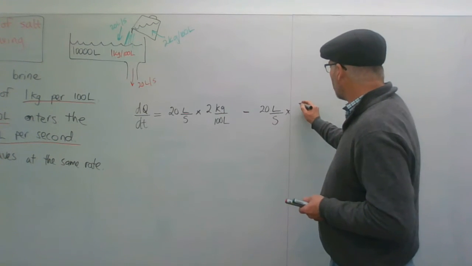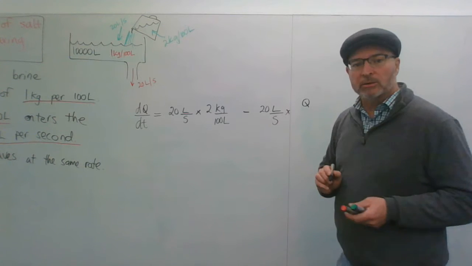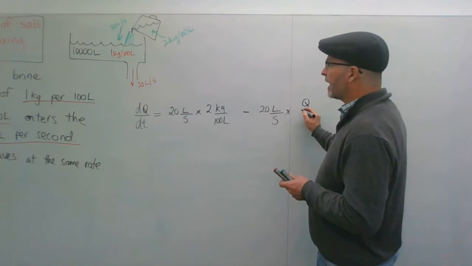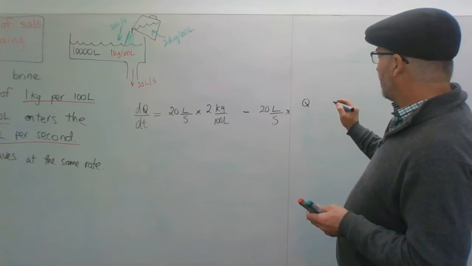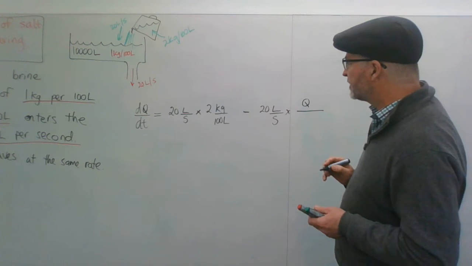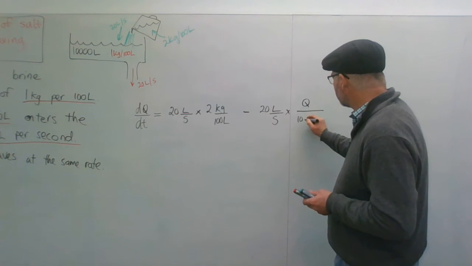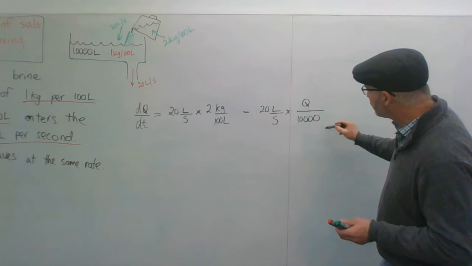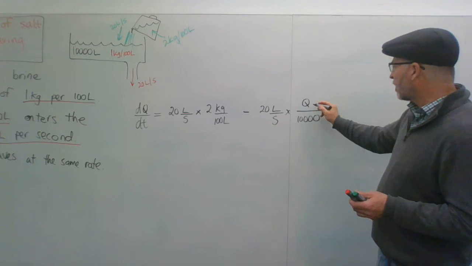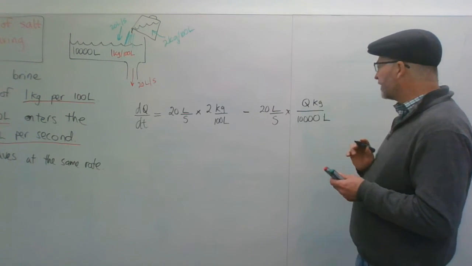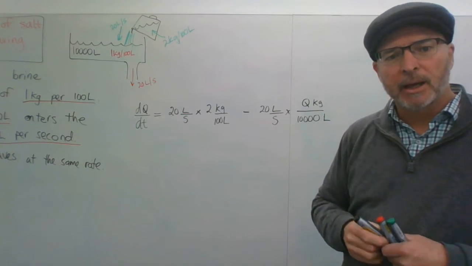So I've got some amount of salt in this system, and that amount of salt that's in there is in this 10,000 litres. So the concentration will be that amount of salt, that many kilograms of salt, in 10,000 litres of solution.